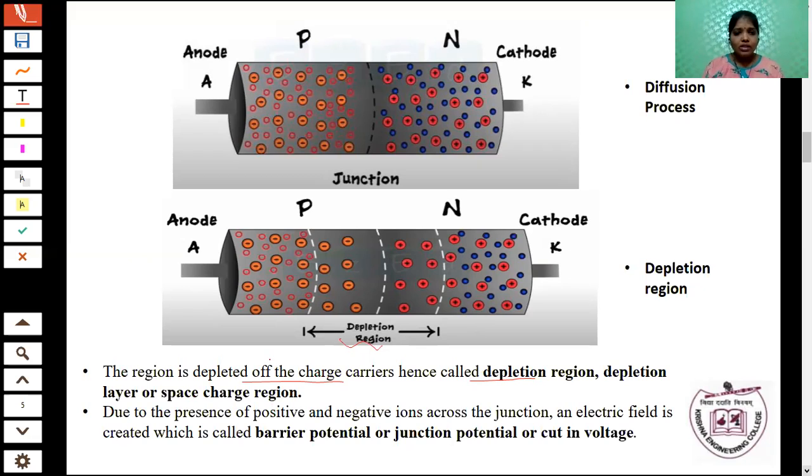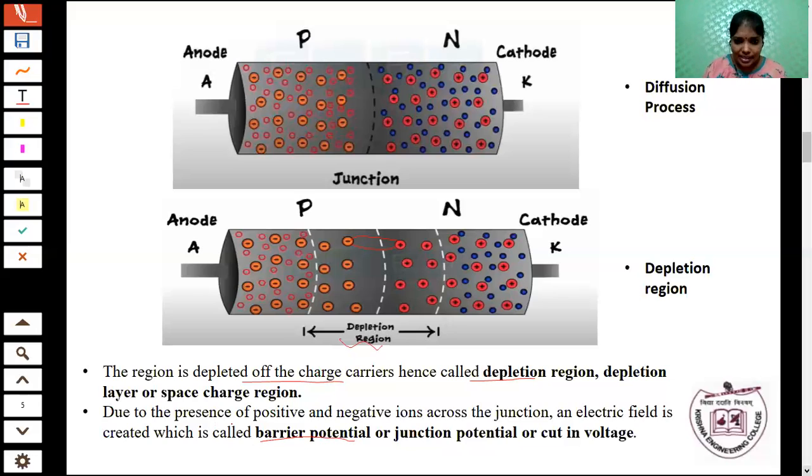Due to the presence of these positive and negative ions in the depletion region, an electrical field is produced between these immobile ions. This electrical field does not allow the electron to cross the junction and move towards the P-type. That's why a barrier potential is formed in the depletion region.